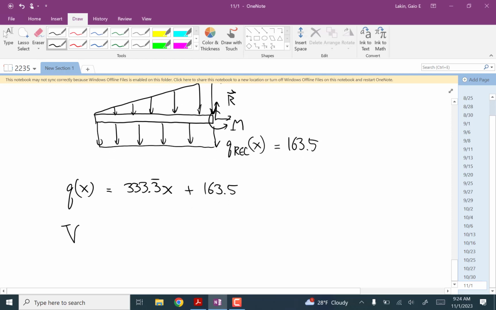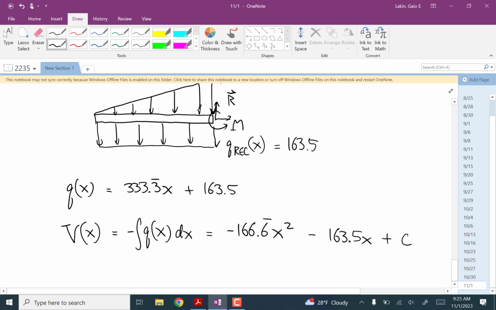And so V is going to be the negative integral of Q. And so that is negative 166.6 repeating x squared minus 163.5x plus C.